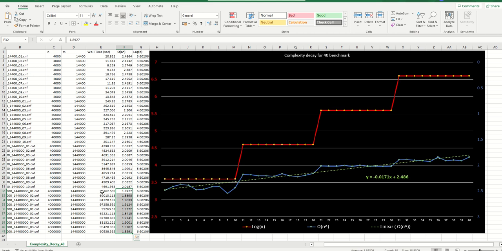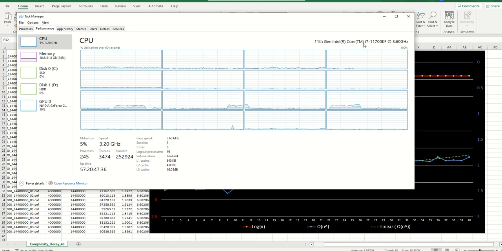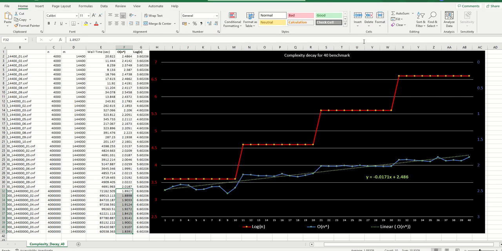And not using any spectacular piece of hardware, but an i7, let me show you what I'm using, an i7 Intel core with 16 cores. So that is about the complexity decay.